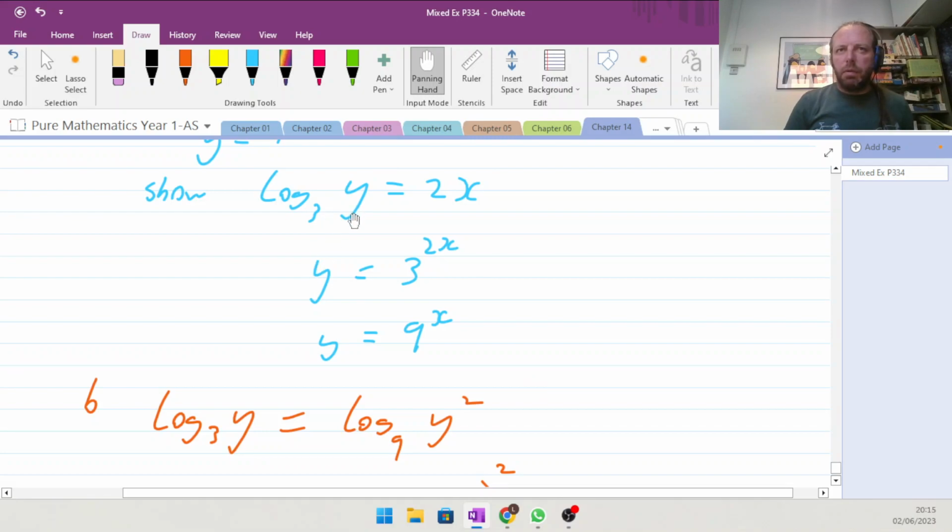So we're saying that the 9x is equal to 3 to the power of 2x.